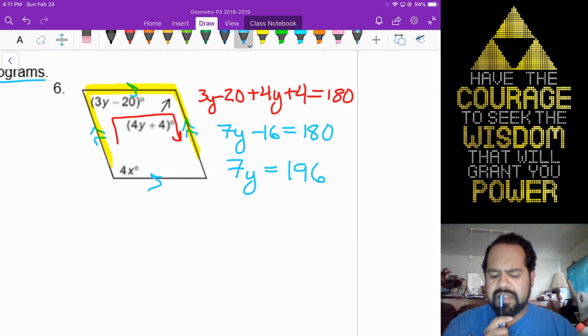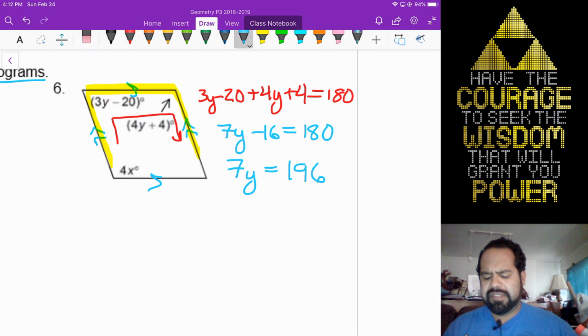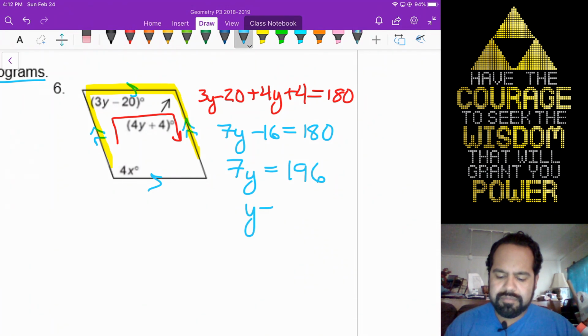Does that go in evenly? 196 divided by 7? Yeah, 28. Okay, that was weird. I was second guessing myself. All right. y equals 28.